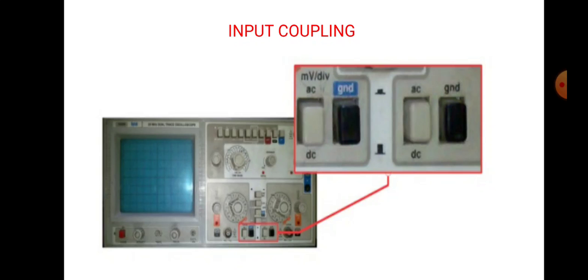When the input coupling is connected from the circuit to the oscilloscope, the coupling can be set to either DC or AC. That is input coupling. These are the two buttons in the input coupling.